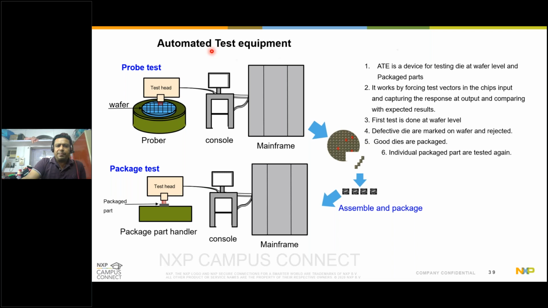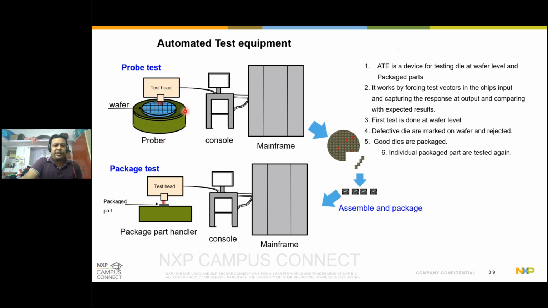A typical tester consists of a mainframe unit, which provides all the computing power and has a memory for storing the patterns. And it has a console, which consists of a display unit and a keyboard and mouse, through which you will control the operation of the tester. And it has a prober and a test head.